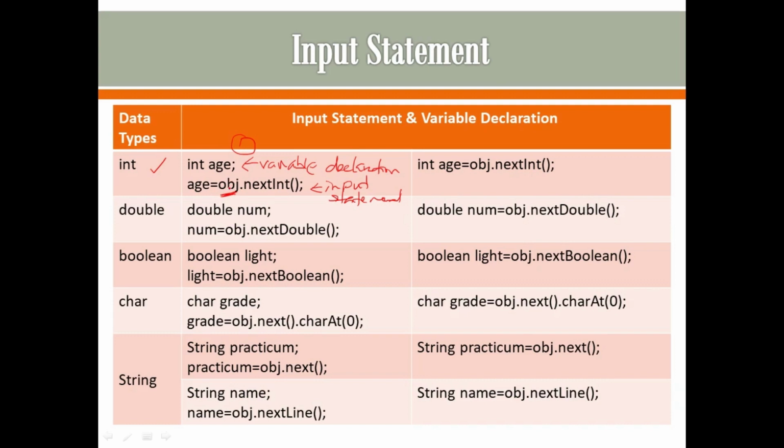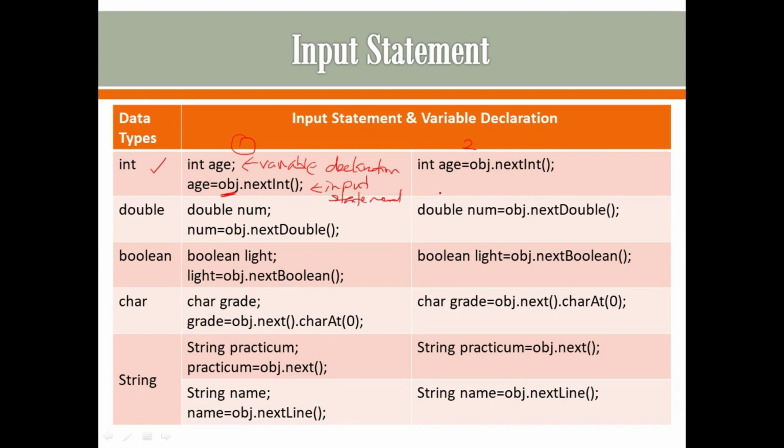Another way, the second way, you can combine the variable declaration and input statement in one statement only, which is int age equal to obj dot nextInt. Here Int uses a capital letter.